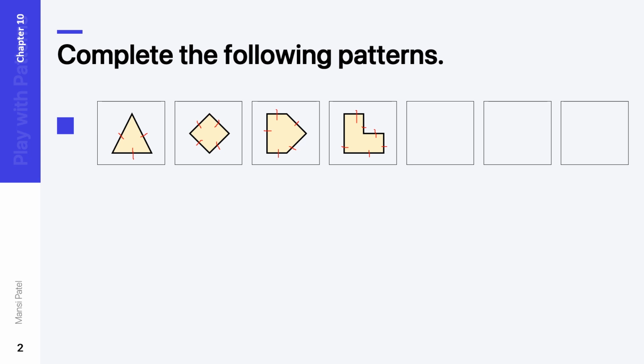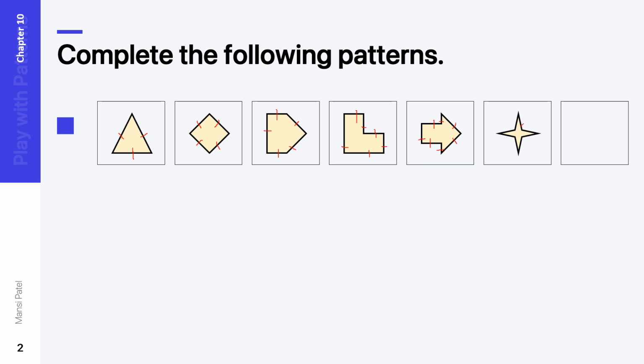Why do we have to draw a shape with 7 sides? Because when we move to our next pattern, the number of sides is increased. So see here, how many sides are there? 1, 2, 3, 4, 5, 6 and 7. 7 sides are there. Now in the next shape, how many sides? 8 sides.